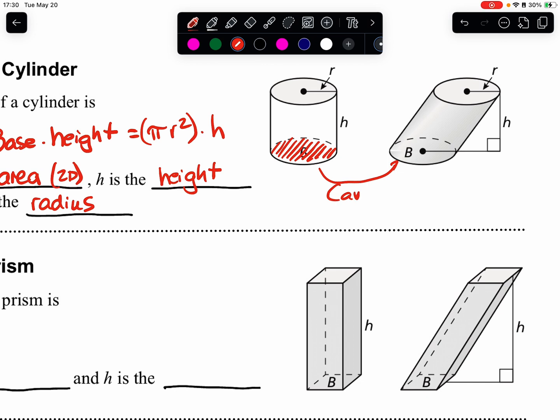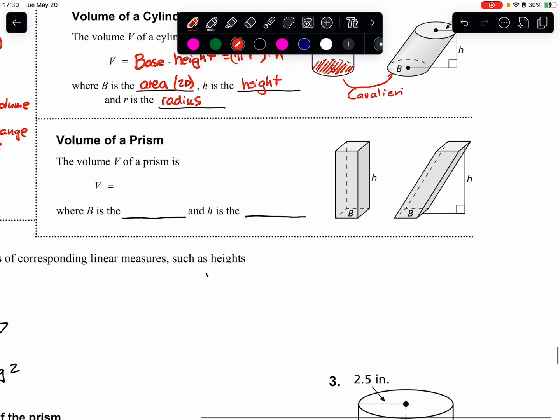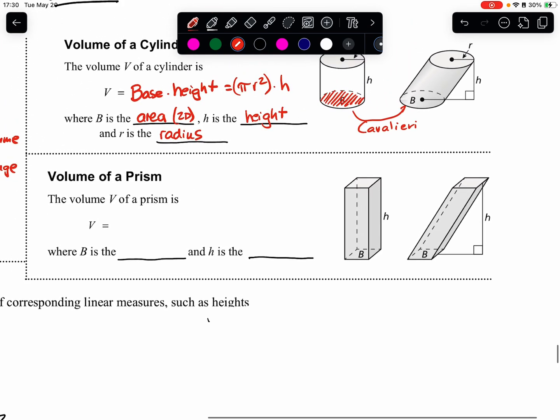And again, this is Cavalieri's principle. If you have the same height, even if it is bent, you're going to get the same volume. So the volume will be base times height in both those cases. Prism. So again, whether it's a prism or a cylindrical shape, you got the same idea. So I have a base.